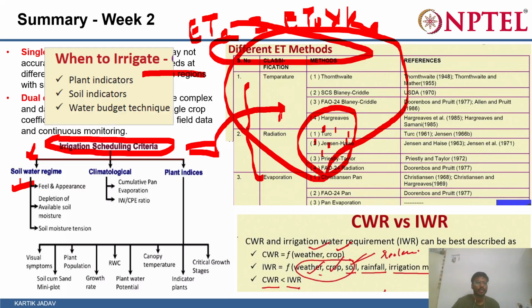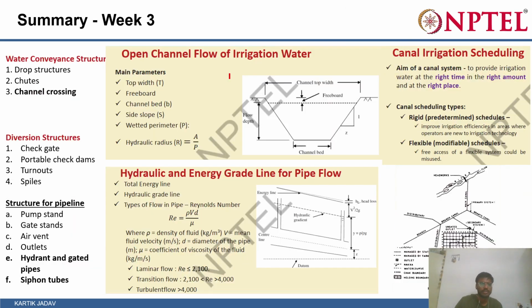Okay. So I've already discussed when to irrigate based on which condition. Then we moved to week number three, where, once we have decided the water requirement by understanding evapotranspiration, so this is the crop water requirement for that particular crop, and now if you want to transfer this water to any field, you require certain water conveyance structures.